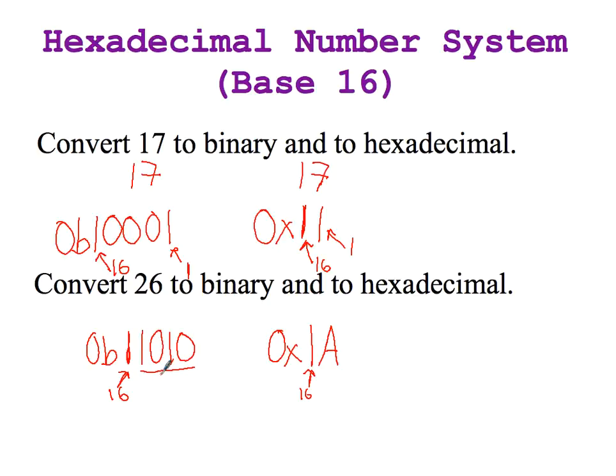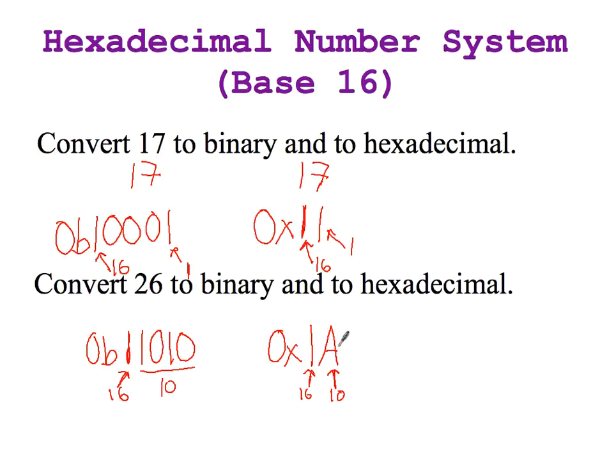Well, this is 10 in decimal. But 10 is A in hexadecimal, right? These two things are equivalent. So the hexadecimal digit is actually containing 4 binary digits. And that's true of every hexadecimal number. Every hex digit contains 4 binary digits.